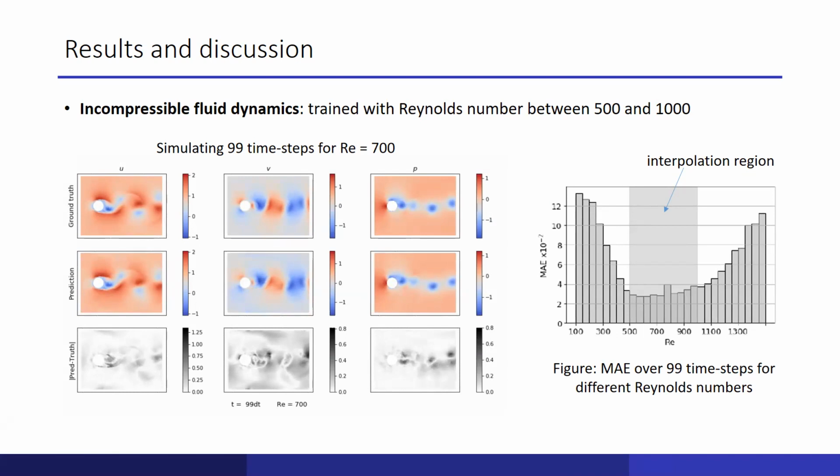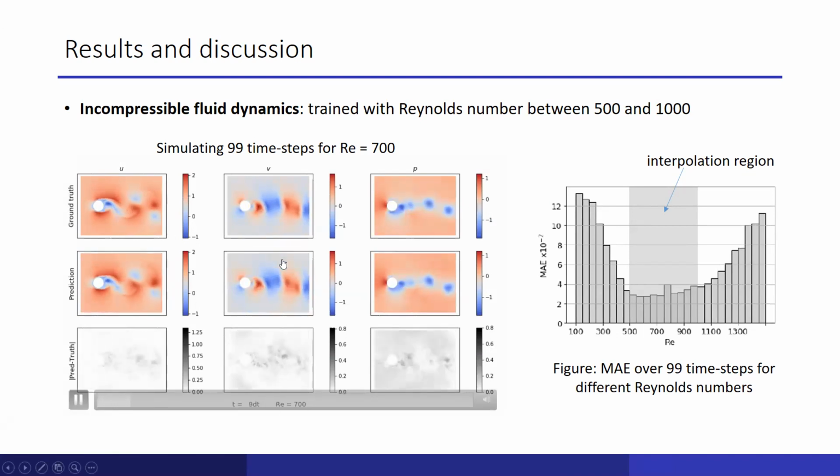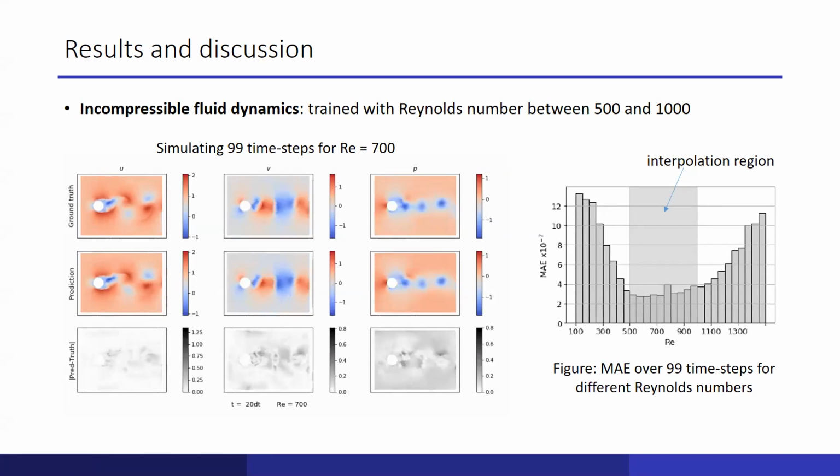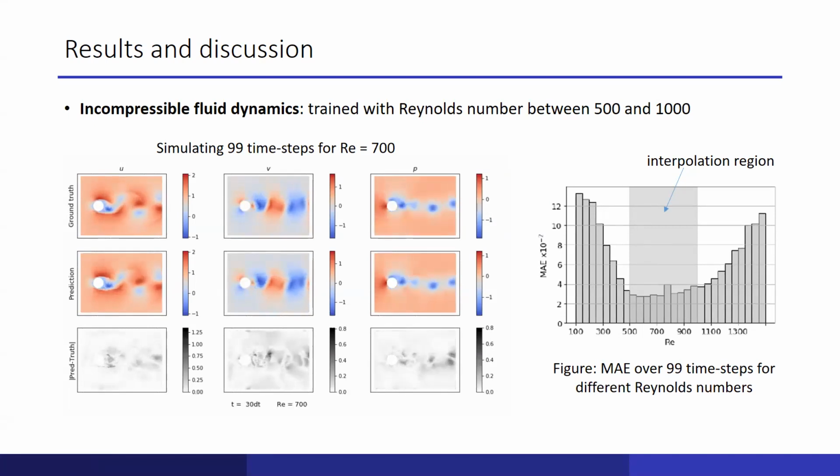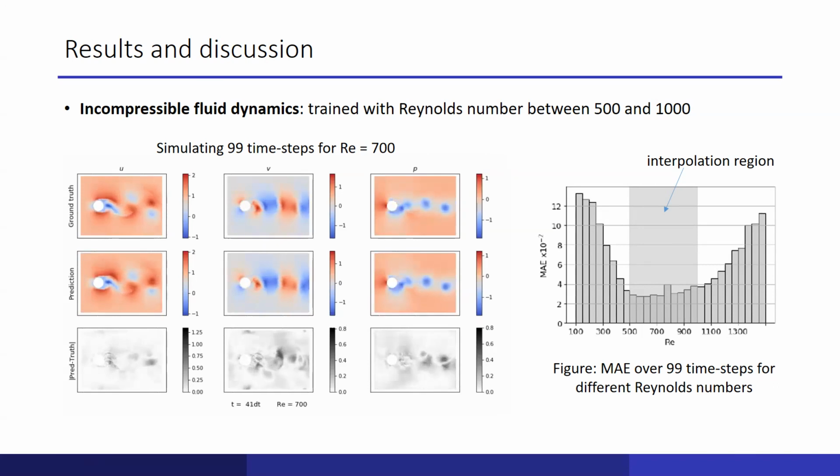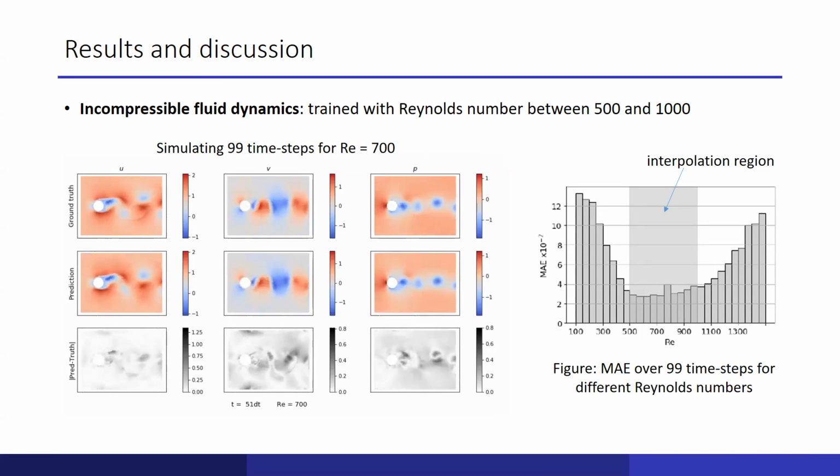Yeah. One thing I can come up with is, maybe, let me think. Maybe in the output of the graph network, you don't output the state variables at the next step directly.